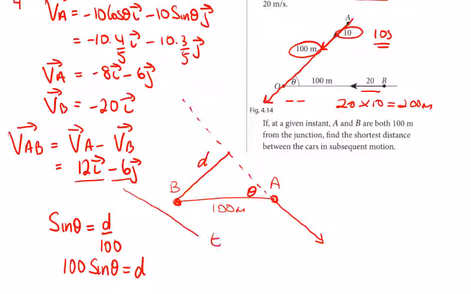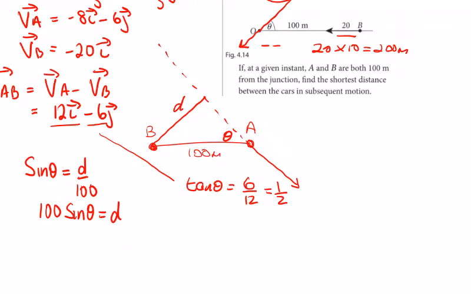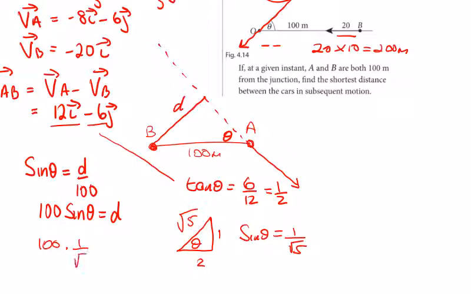So down here, the tan of theta is equal to 6 over 12, which is 1 over 2. So we can set up our little triangle. Theta, opposite, adjacent, so it's leaving me with a root 5. So sine theta is 1 over the square root of 5. So 100 times 1 over root 5 is that shortest distance.